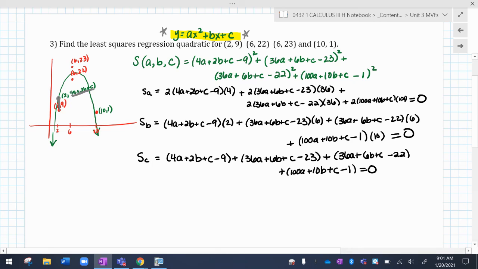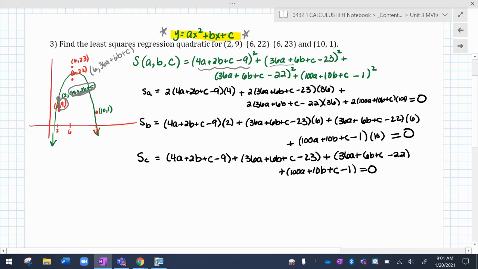So when I go through to find the least squares regression quadratic for this, I'm still going to square my residuals, which is going to be 4a plus 2b plus c minus 9, squared. And then the next one was 6, 23 and 6, 22. So that point on the regression quadratic would be the point 6, comma 36a plus 6b plus c.